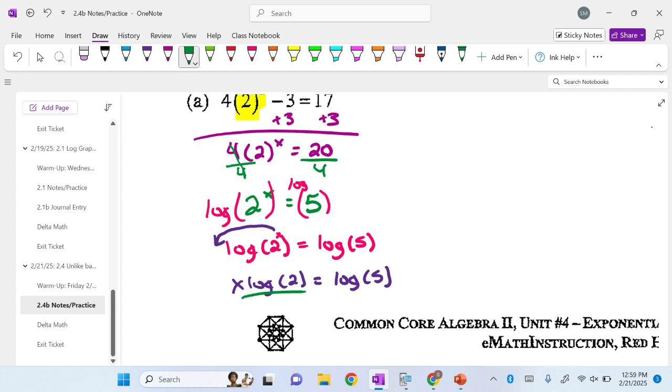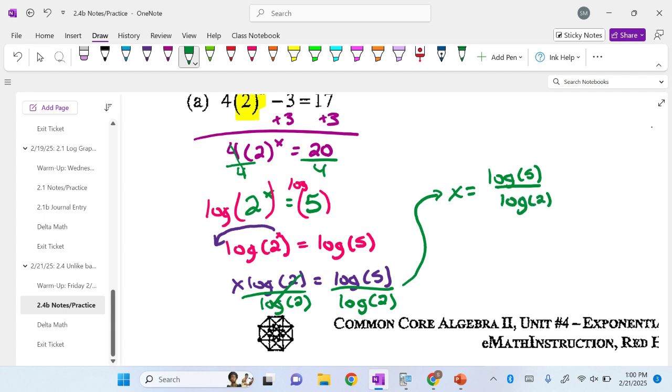And then divide both sides by log of 2. So x is equal to log of 5 over log of 2. And you could give me an approximate answer, but I'm just going to leave it like that, because obviously you'll put that in your calculator and get an answer. But that's all I really care about right now, that you can at least do the math.